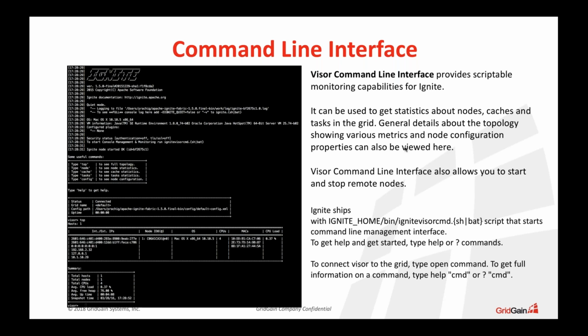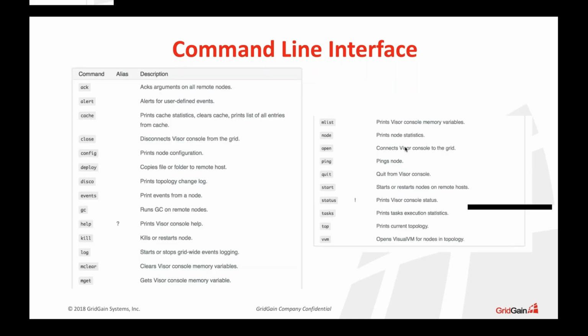Unfortunately, if you want to connect it as a client node, you have to do some tinkering with the configuration files, but that would be an advanced technique and we're probably not going to cover it here. On the next slide, we have the commands that are available for your command line interface with a description of what they do.